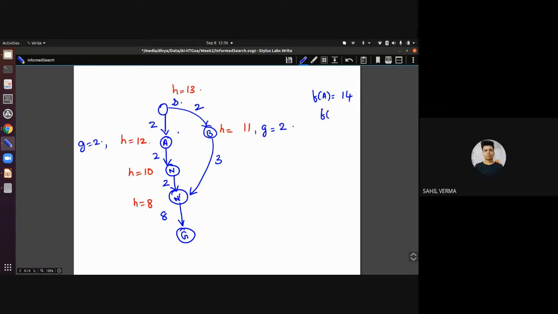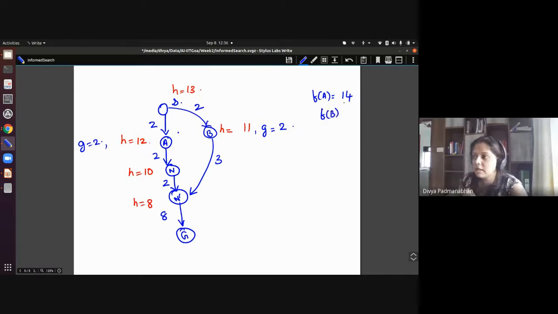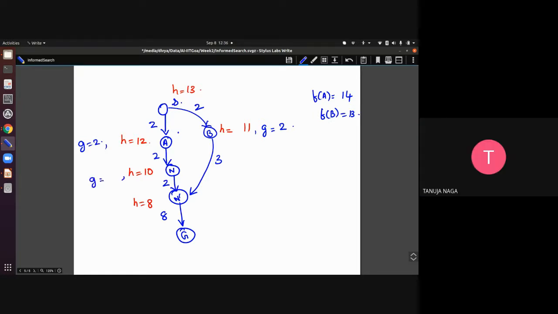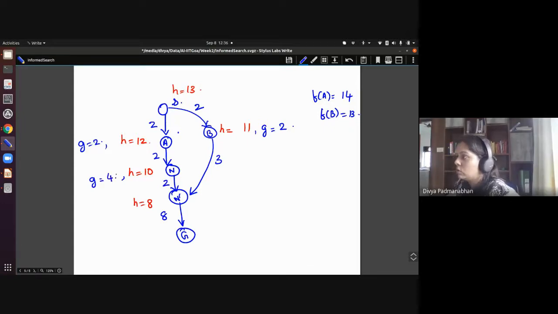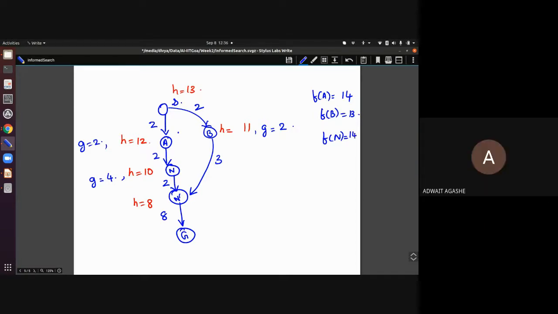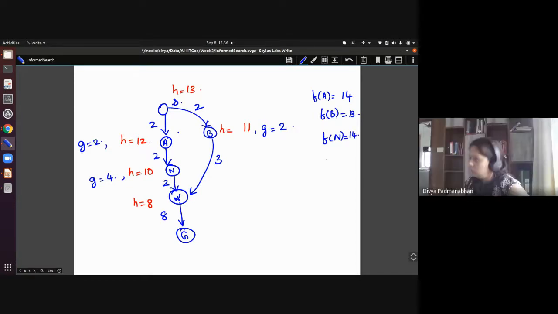Now f of B is 13. Now let's come to n. The value of g here is 4, so f of n is 14.